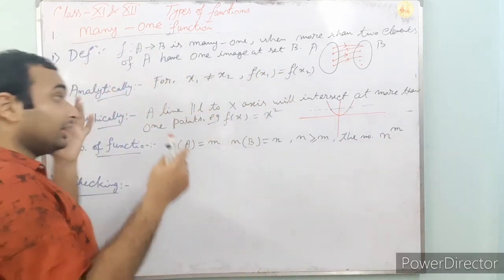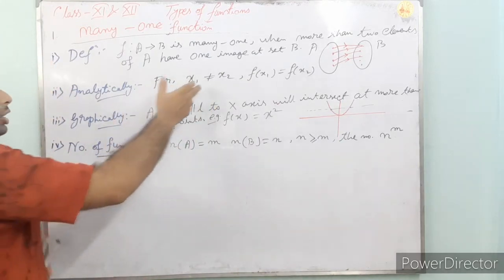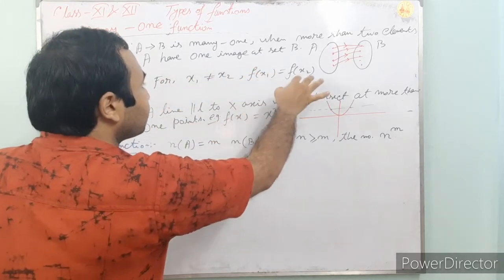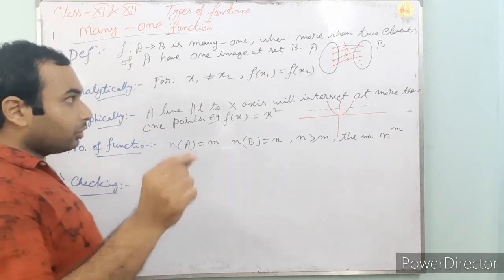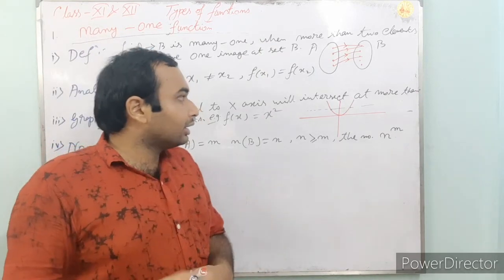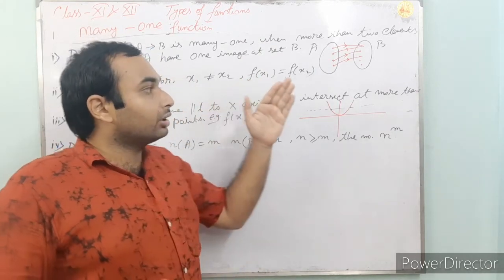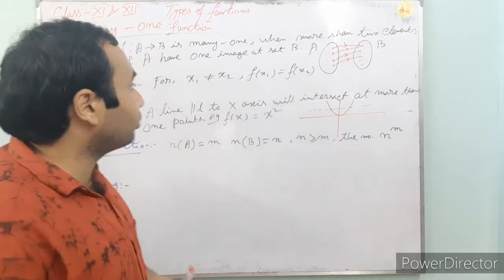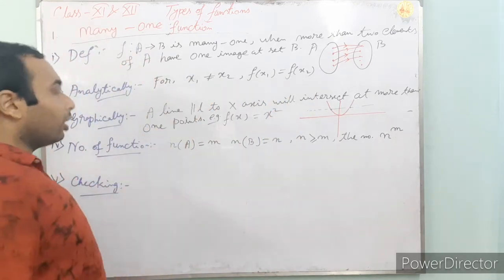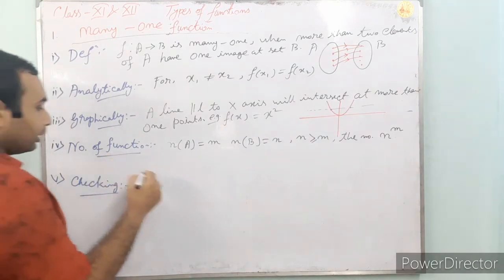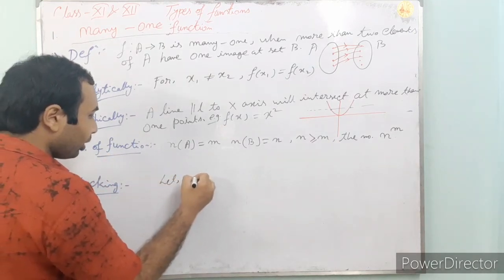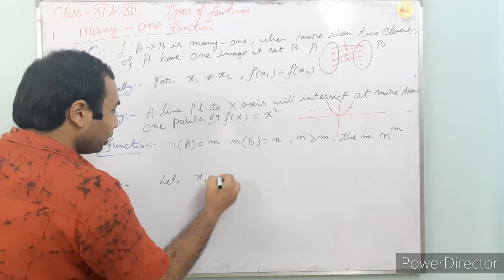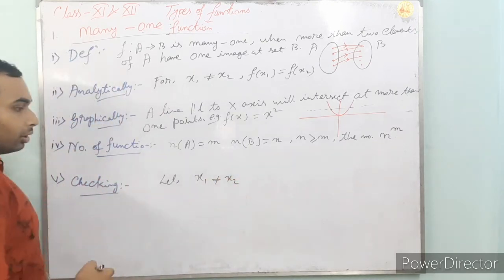What I want to say is, here x1 not equals to x2, that is, f of x1 equals f of x2. If we say that by the law of contradiction, let x1 not equals to x2.